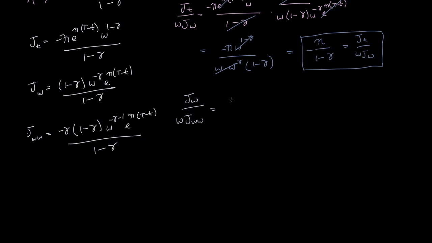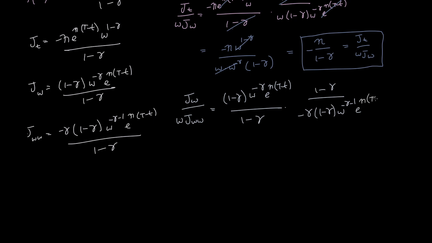That's going to be equal to minus gamma e^(eta(T-t)) over 1 minus gamma, times the inverse, so we have 1 minus gamma over minus gamma, 1 minus gamma, W^(-gamma-1), e^(eta(T-t)), W. Again, these cancel and the discount factors cancel.